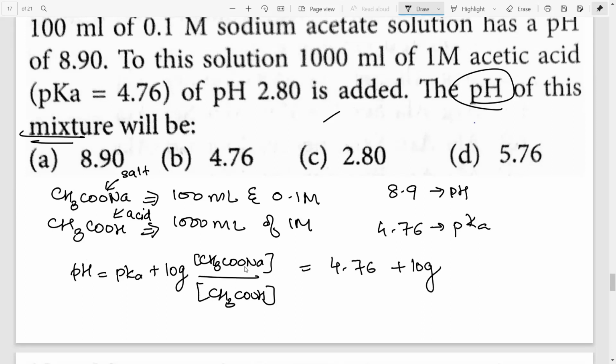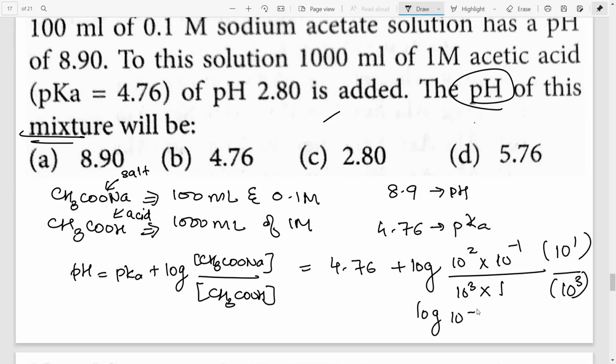Now what is basically the concentration of this part? Here you have 100 ml, so that is 10⁻² into the concentration, that is 0.1. 0.1 means 10⁻¹, divided by 1000 ml, so 10⁻³ into 1 molar. So this comes out to be 10⁻¹ over 10⁻³, which goes up, so it will become 10².